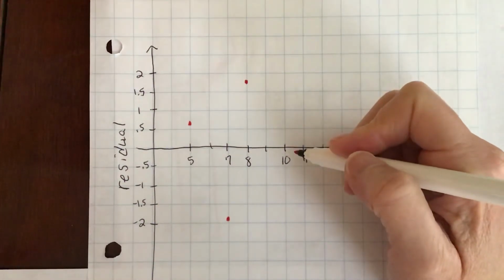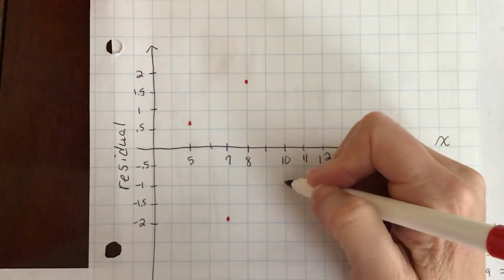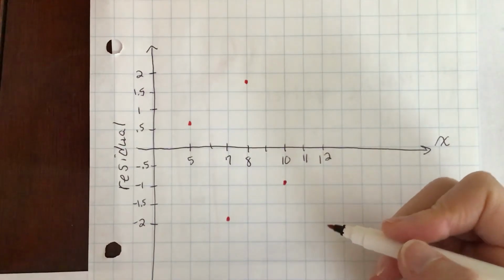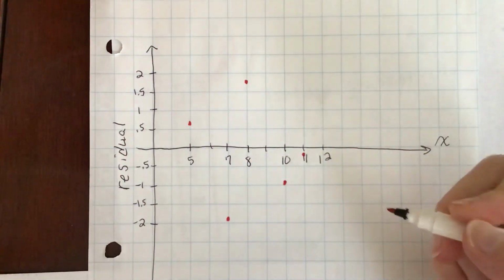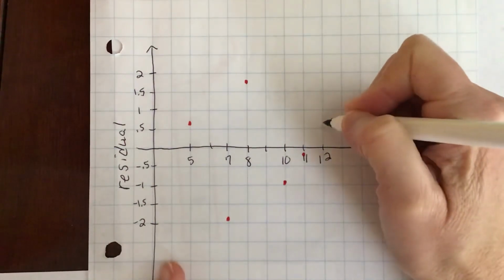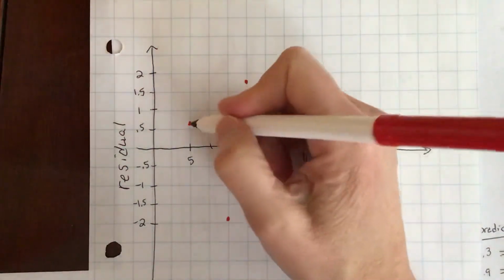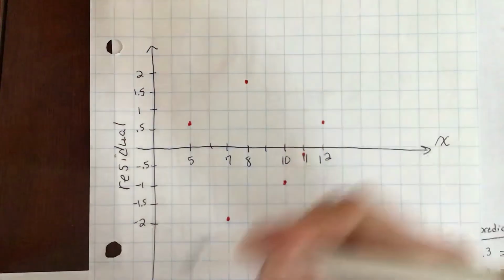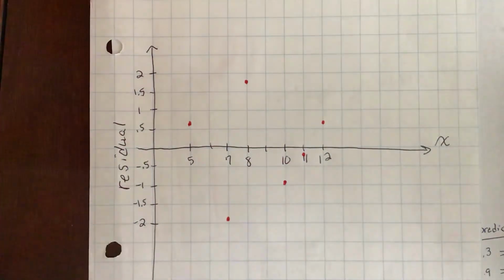At 10, we find that the residual value is negative 0.85, so that's about right here. At 11, it's at negative 0.15, so that's just below. And at 12, it is at 0.55, so it is just above. So this is how we draw and create our residual plot. I'll share a little bit more in the next video about what it all means and how we all put this together.